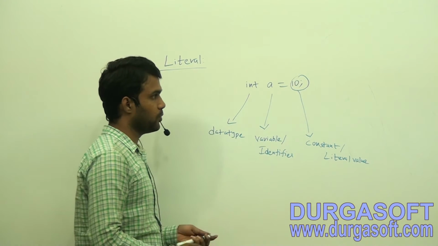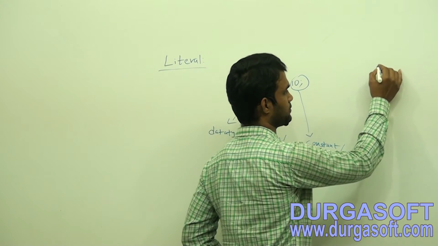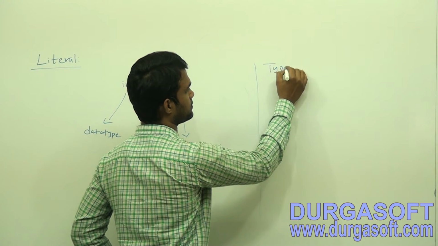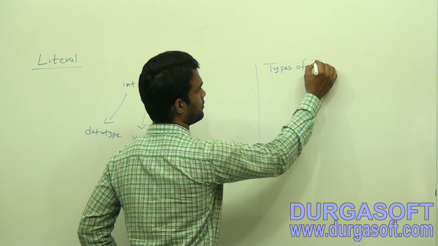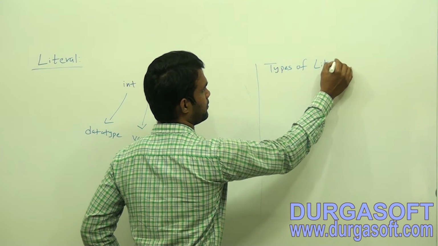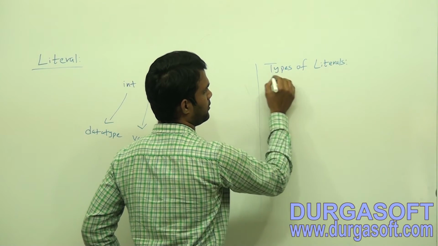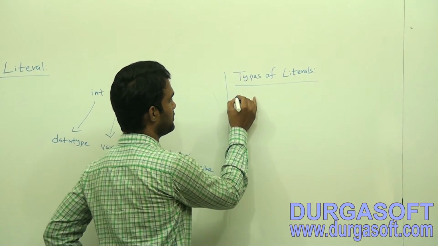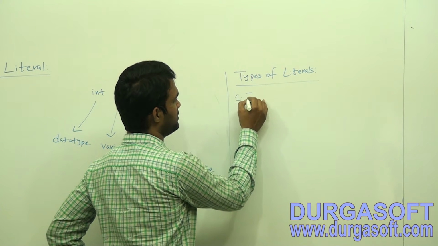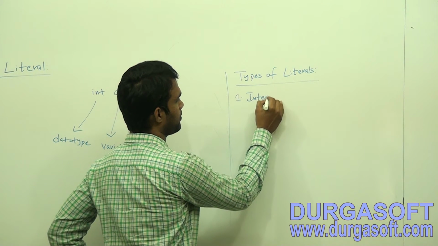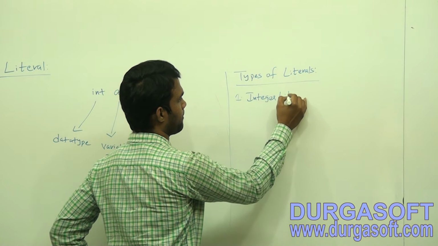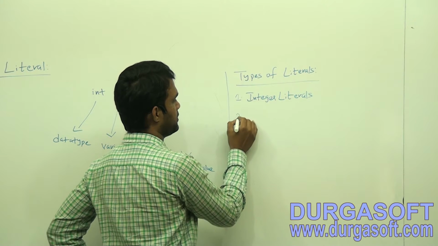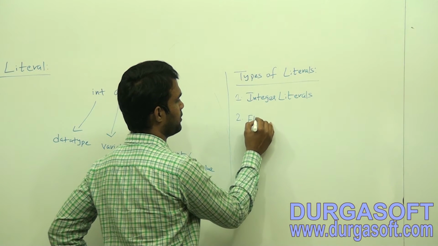Next, how many types of literals do we have? The first one is integer literals. Second one is floating point literals.